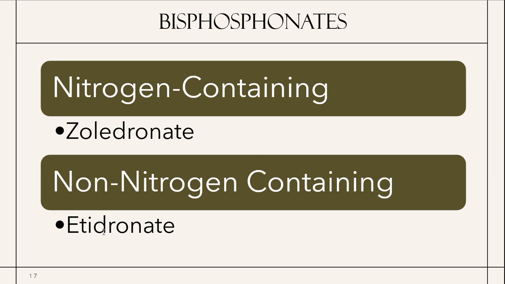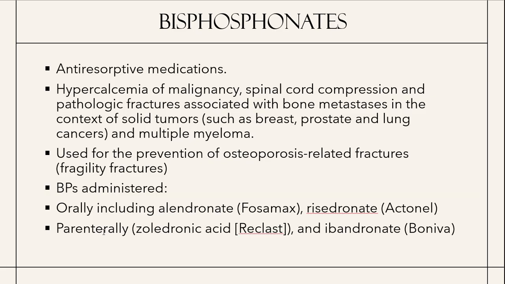Now, these bisphosphonates are used to reduce the bone turnover. They are anti-resorptive. They can be given for hypercalcemia of malignancy, spinal cord compression, pathological fractures, and prevention of osteoporosis-related fractures. They can be given orally or parenterally.